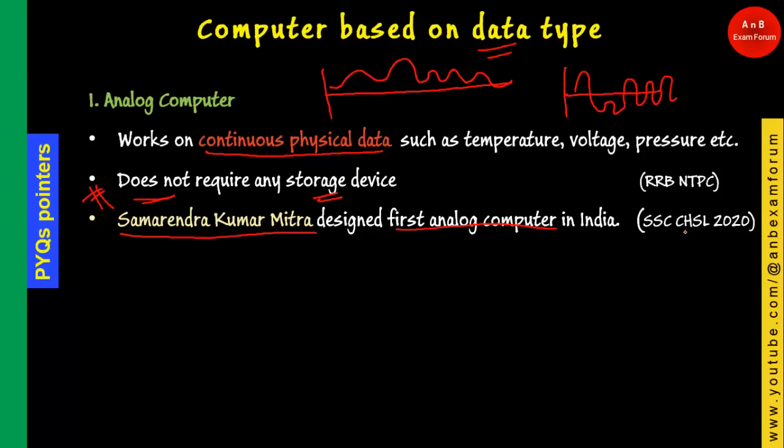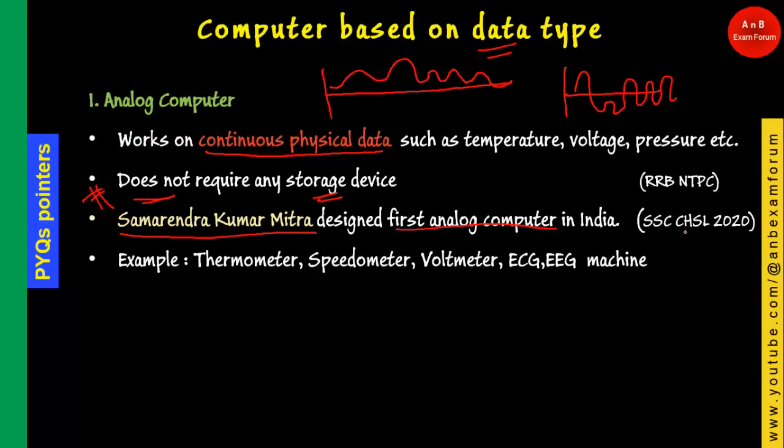And let's see the example. The thermometer is the easiest example. If you take the example of thermometer, it is taking input. What type of input? It is taking the continuous physical data, that is temperature. It is processing it. Processing means whether you are reading continuously.